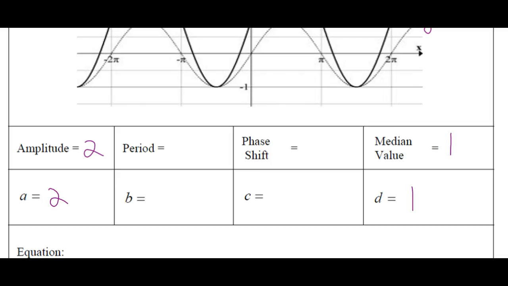B, it's not the period, okay? But the period is 2 pi, and b is equal to 2 pi over the period, right? So let's write the formula. B is equal to 2 pi over the period, which is 2 pi over 2 pi, so it's equal to 1.